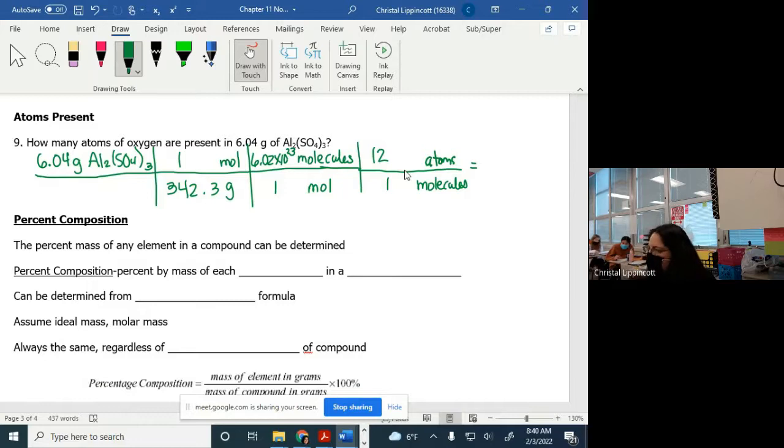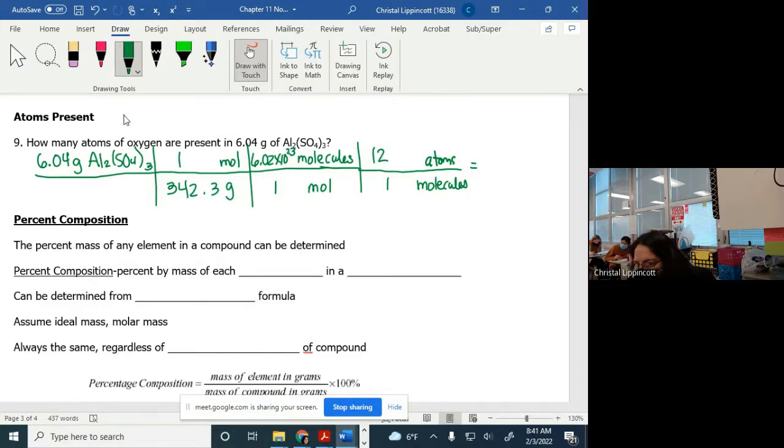And then you just do the problem the way we've been doing them. So multiply across the top, divide by the bottom. Dividing it by the grams that are in what? This is the molar mass off the periodic table. So I took 2 aluminums, I took 3 sulfurs, and I took 12 oxygens and added them together off the periodic table. So you break it down and multiply by 12 because of the oxygen.